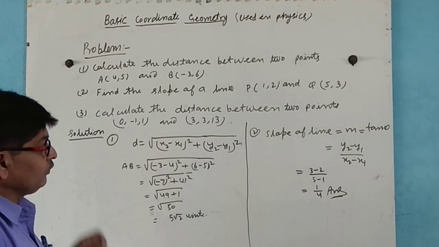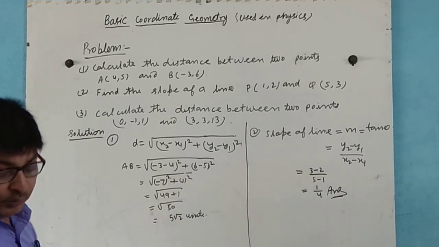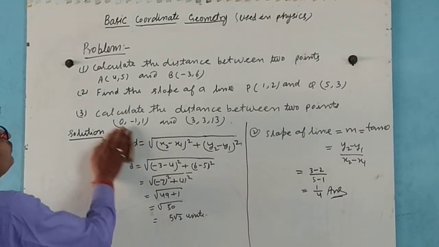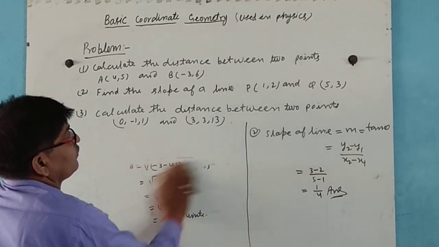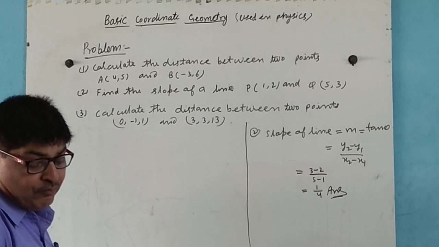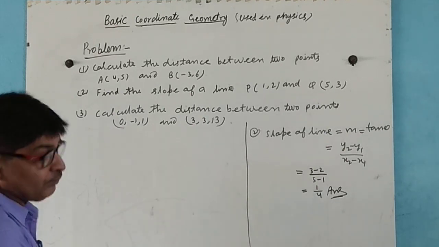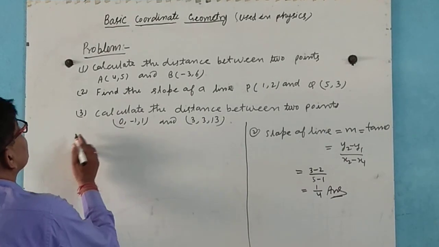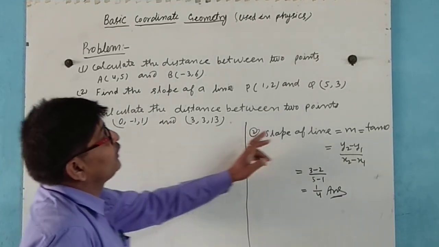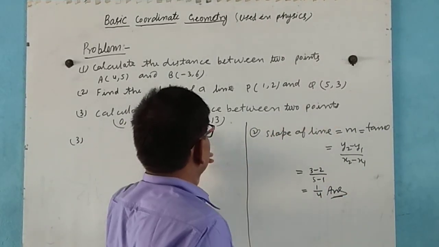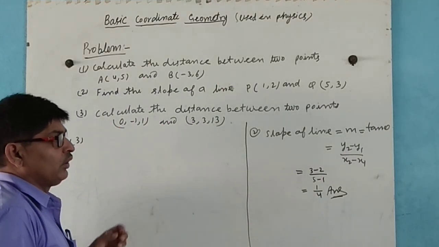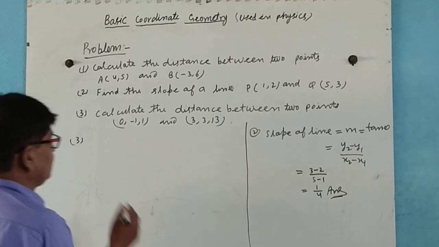Now, third problem. Calculate the distance between 2 points. These points have x, y, z coordinates so that this exists in space.